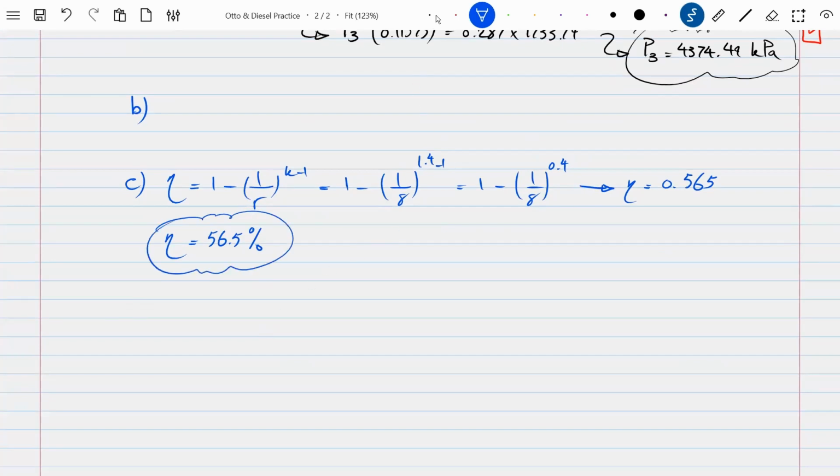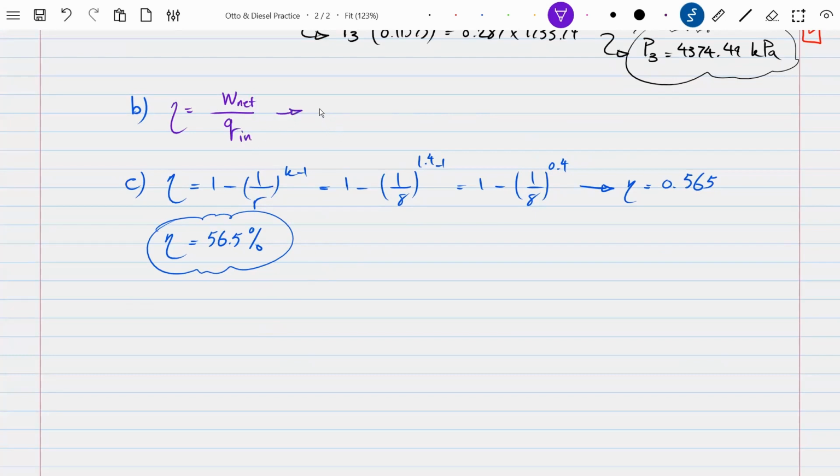Okay, now that we have the efficiency, it is easier to use the efficiency to find the work output. Let me show you. Efficiency, by definition, is the net work output over the Q input.